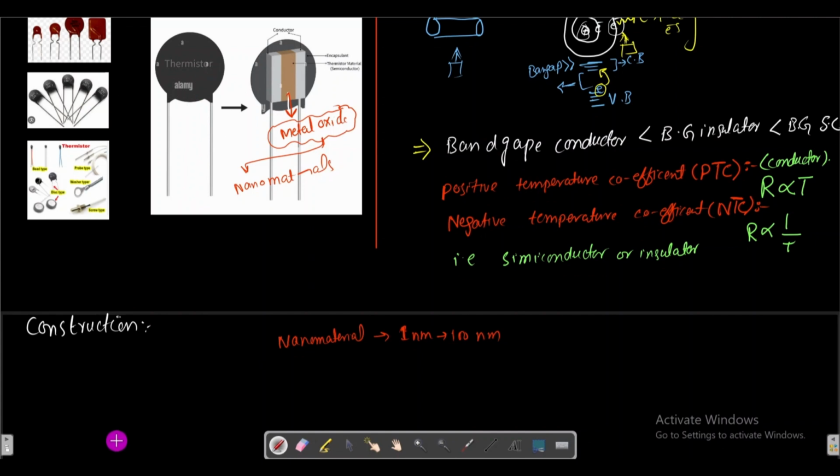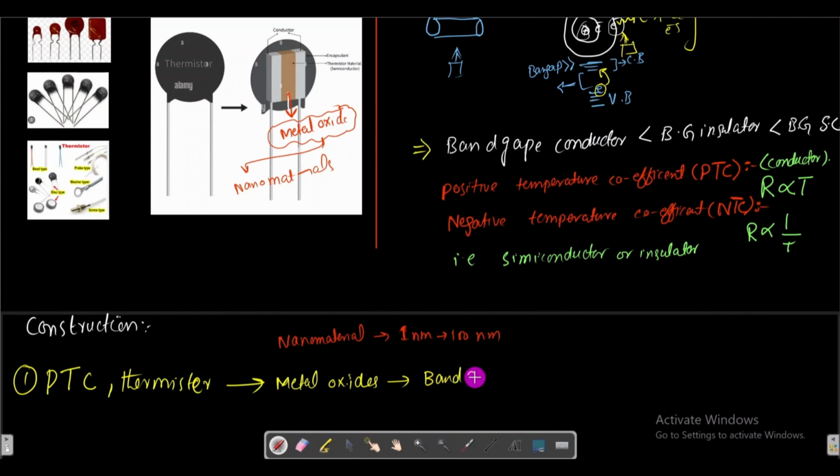One is the PTC, positive temperature coefficient thermistor. In it, those metal oxides will be present whose band gap is very less.